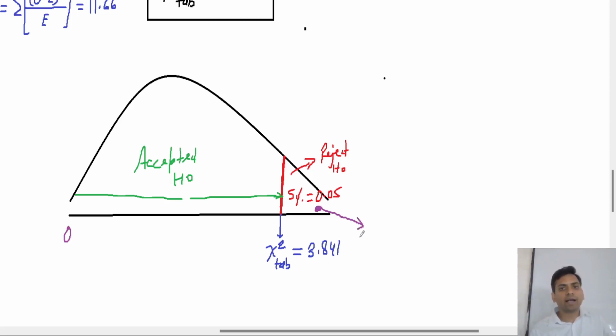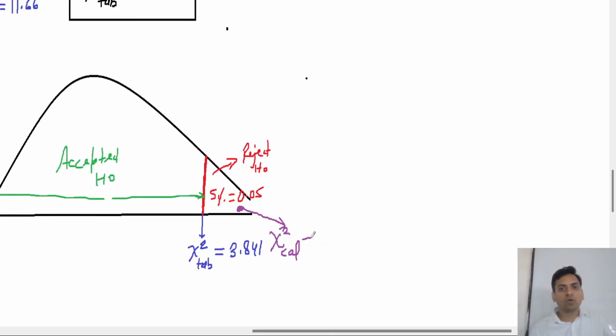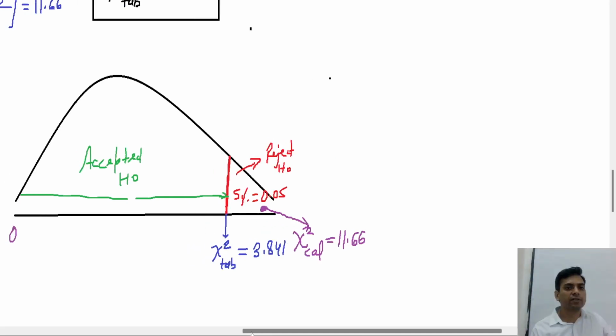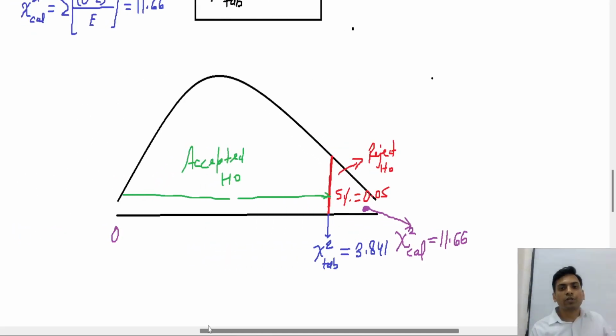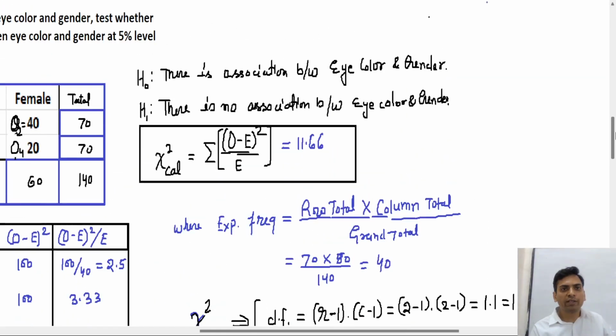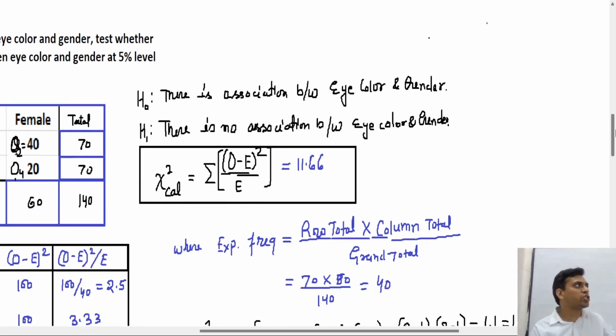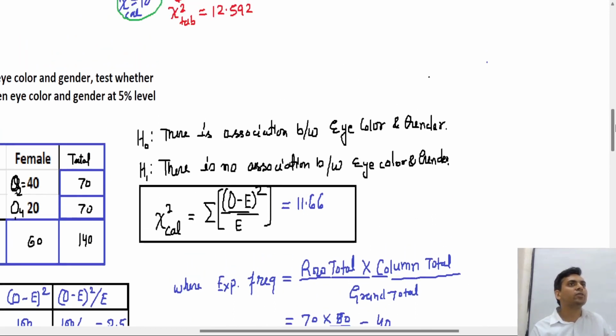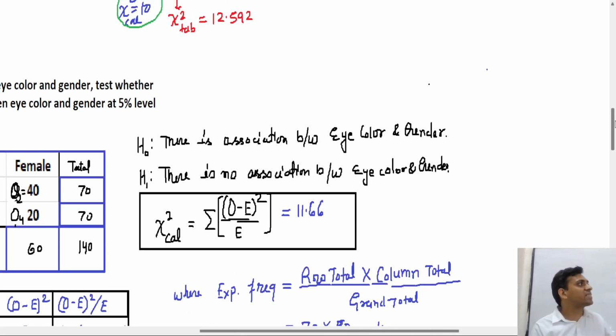So calculated chi-square equals 11.66. In which region is it, rejected or accepted? Rejected region. So what have we rejected? H0. We always reject or accept H0 only. Okay? So rejection of H0. H0 is that there is association between eye color and gender, and this is rejected.